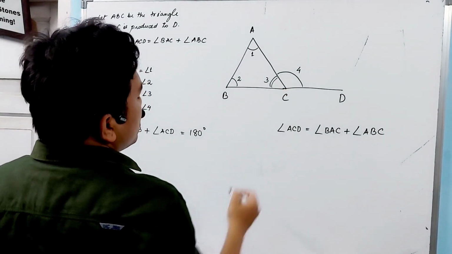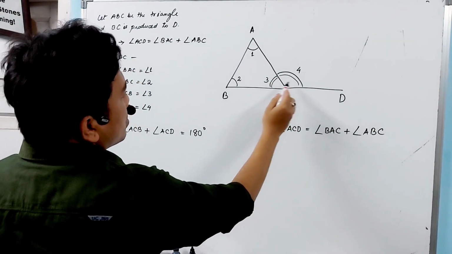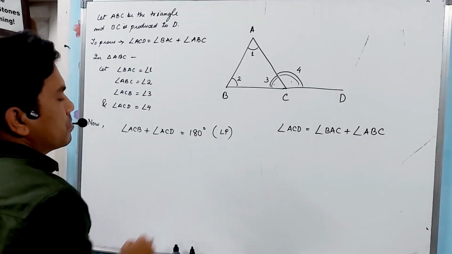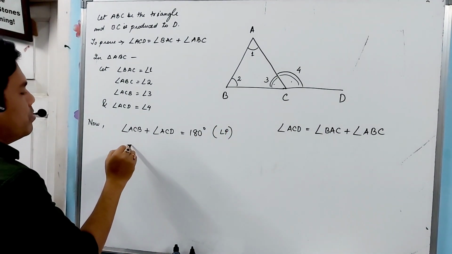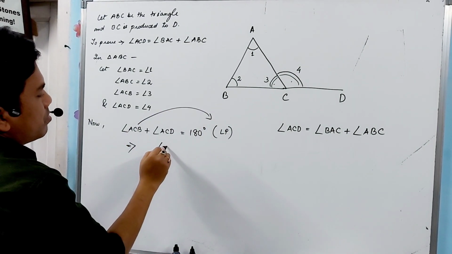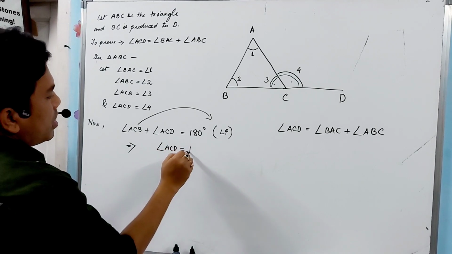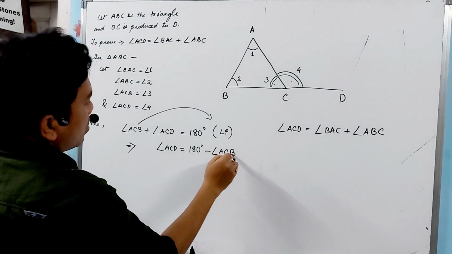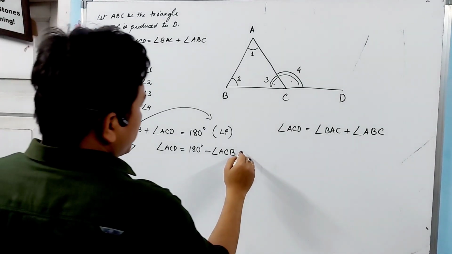Angle ACB is this, and angle ACD is this. The sum of these two angles will be what? 180 degree according to linear pair property, isn't it? So now what we will do, we'll transfer ACB to the other side. What will remain here? ACD will remain. Other side what will be there? 180 degree minus ACB. Let this be equation number 1.